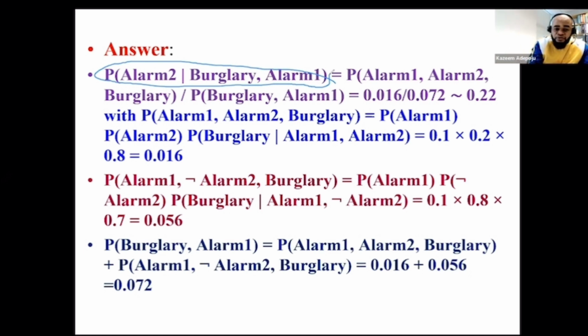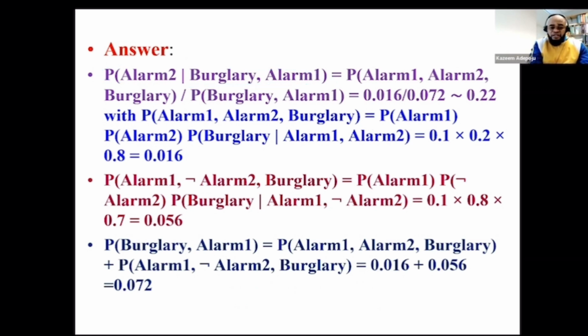The formula for that is basically going to be equal to the joint of all of that, this guy and this guy, divided by the probability of the condition. You remember the way we normally do that. If I want to find the probability of A given B, it's basically going to be the joint of A and B divided by the probability of B. We're using that knowledge.